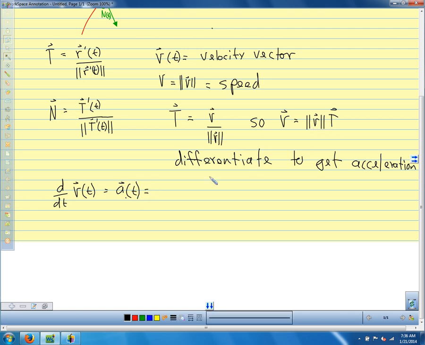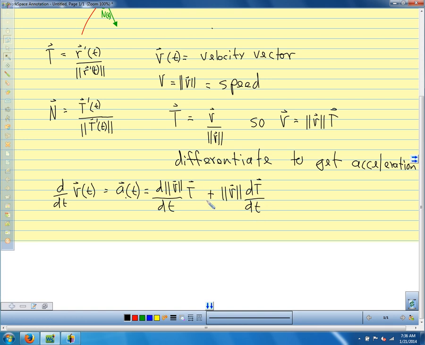We're going to use the product rule here. So we get the rate of change of the magnitude of v, of the speed, with respect to time, times our unit tangent vector, plus the magnitude of our velocity, the speed, times the rate of change of our unit tangent vector with respect to t.